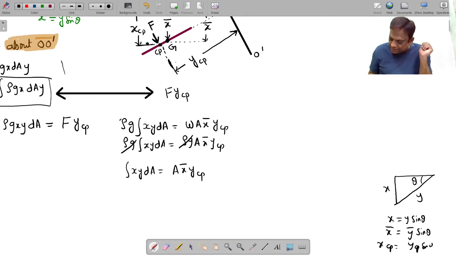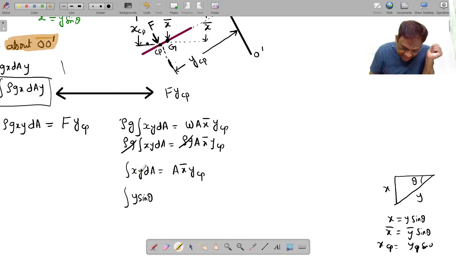So what can I write for x? X is y sine theta. You have written x as y sin theta, but already there is one y, so one more y is there.